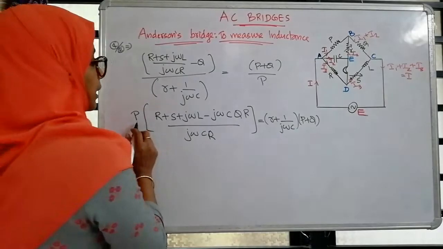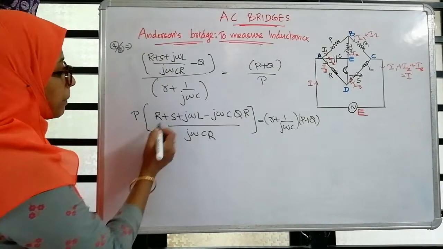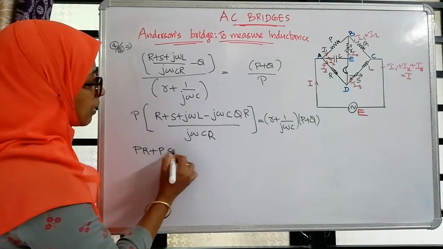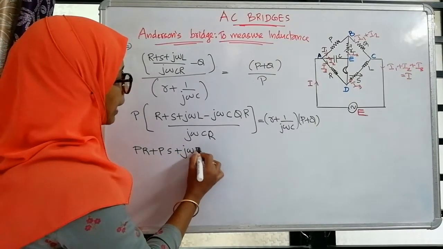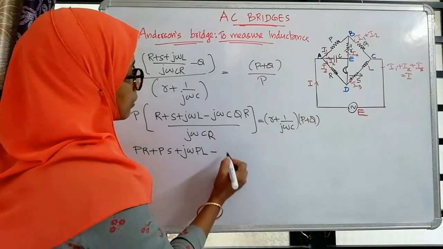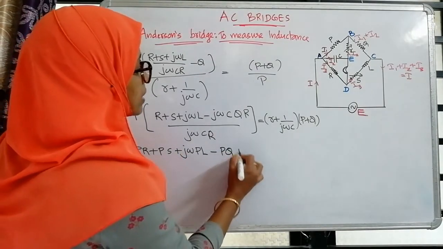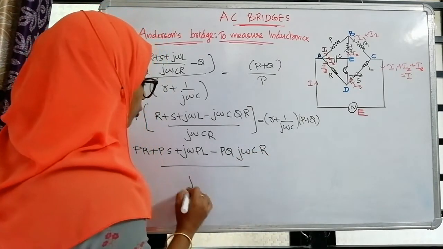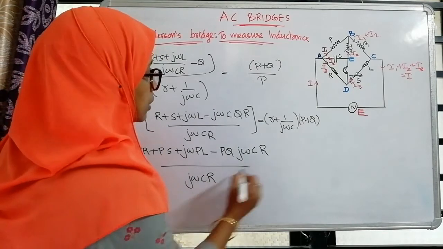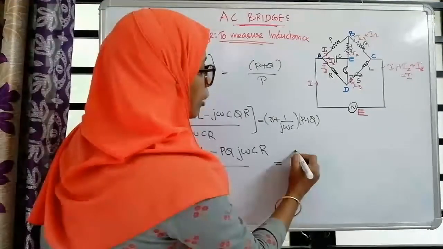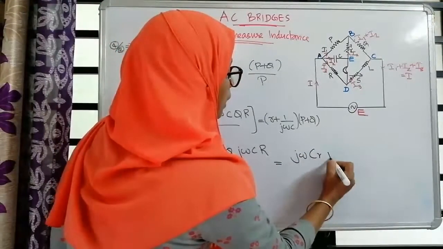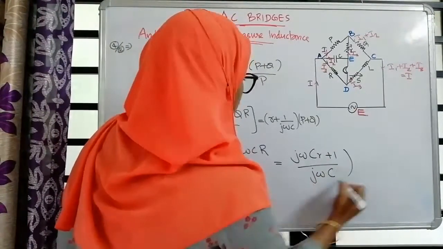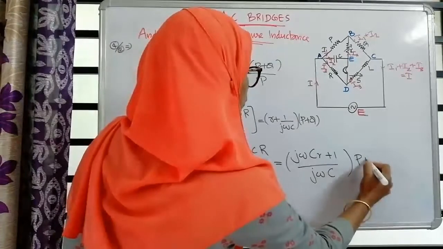And then I am going to multiply with this P, that is PR plus PS plus j omega PL minus PQ into j omega CR divided by j omega CR is equal to (j omega C into small r plus 1 by j omega C) into (P plus Q).